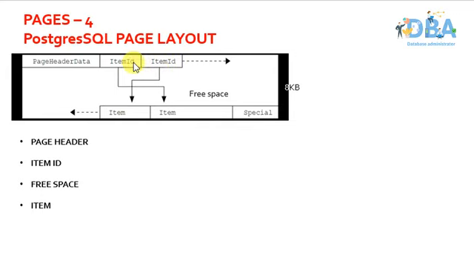Earlier we saw that the item ID holds the address of that actual row or tuple or item, and it points to the actual item where the actual data is being stored. And in the last we can see the special space. It holds the information about access methods. We'll be looking into these components in more depth while doing the practicals.